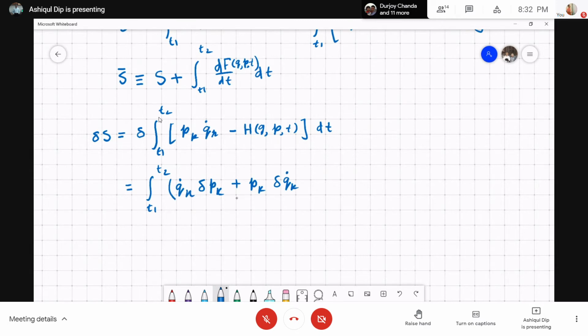And then we have minus delta H over delta qk variation of qk, and then minus delta H over delta pk variation of pk.